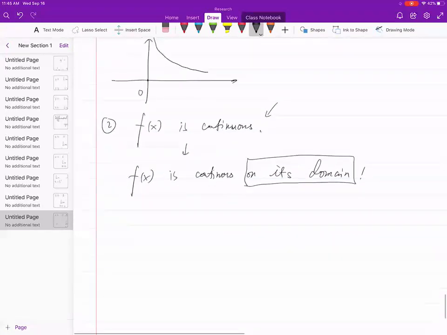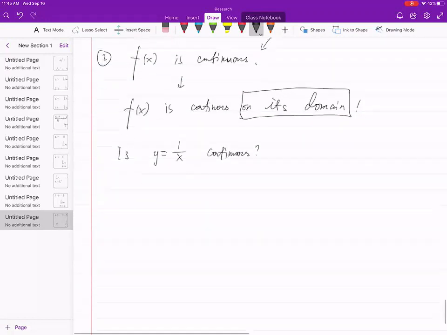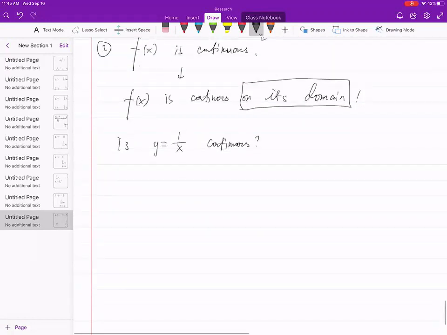Okay. Now here's the question. Is y equals 1 over x continuous? What do you think? Not really.